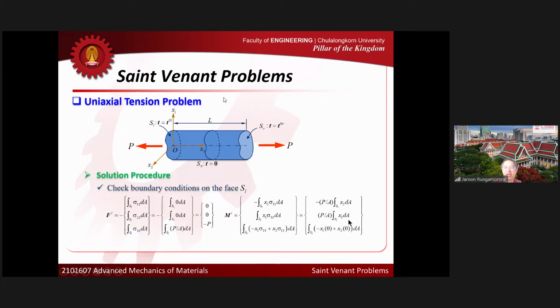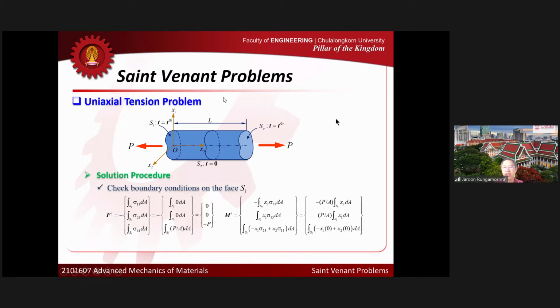So now I can conclude what? If you remember, I chose the origin of the coordinate system at the centroid of the cross section. So that will imply what? The integral here is 0, right? Because the origin is at the centroid. Is that clear to you? If you go back to the definition of the centroid, if the origin is at the centroid, what does it mean? x1 bar and x2 bar have to be 0, right?